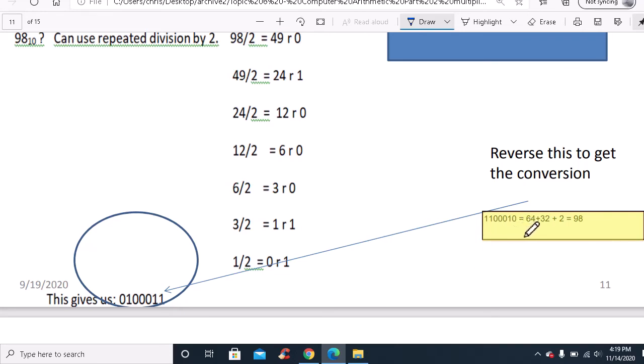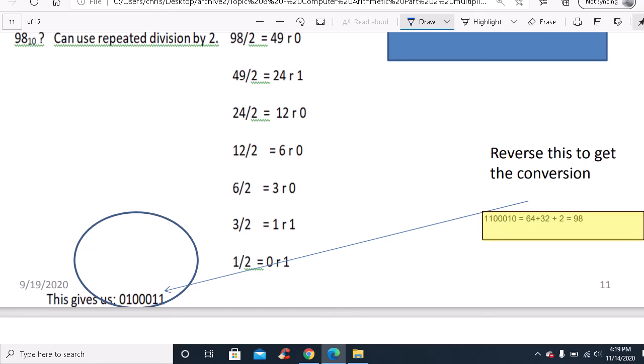And if you mechanically check what this number is in decimal, it's equivalent to one lot of 64, one lot of 32, 0 times 16, 0 times 8, 0 times 4, plus 2. So 64 plus 32 plus 2. And that gives you the number that we started with, 98. Okay.